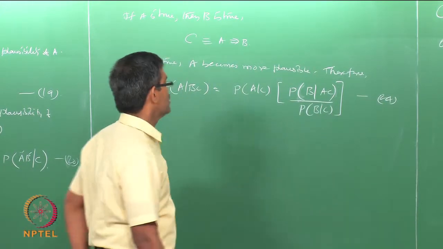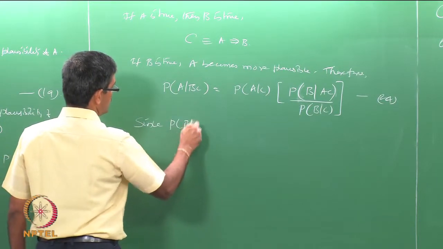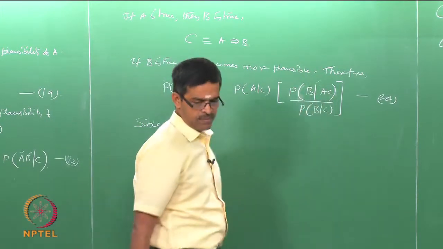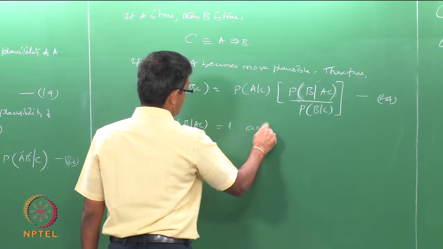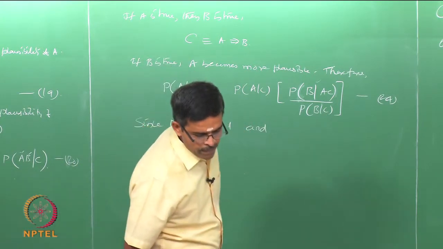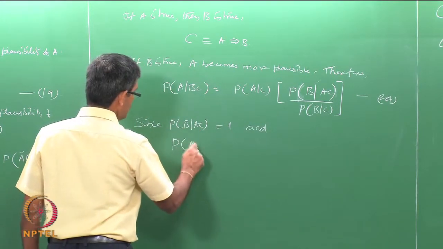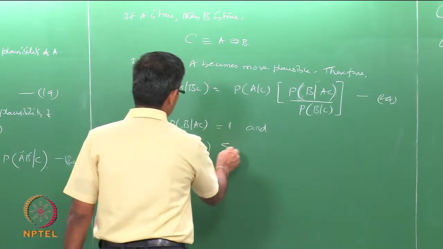But since probability of B given AC being used here in the numerator is actually 1 and probability of B given C used in the denominator here is less than or equal to 1.